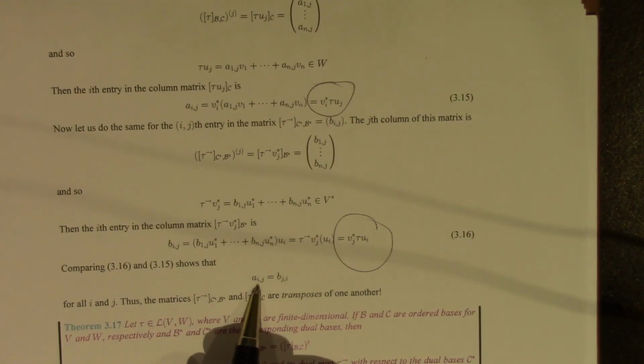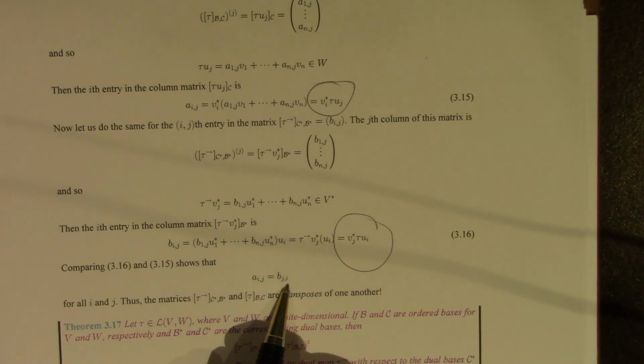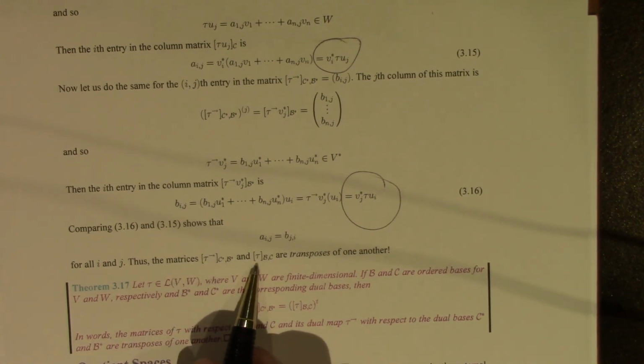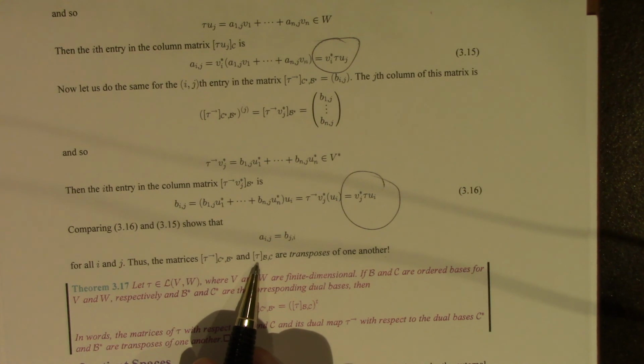So aij is bji. In other words, these two matrices are transposes of one another.